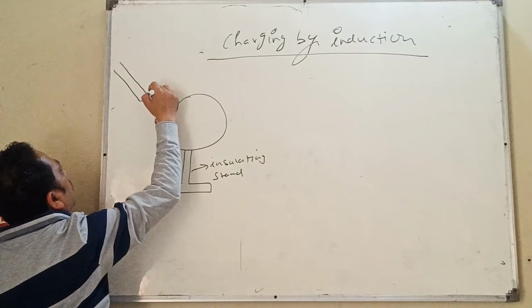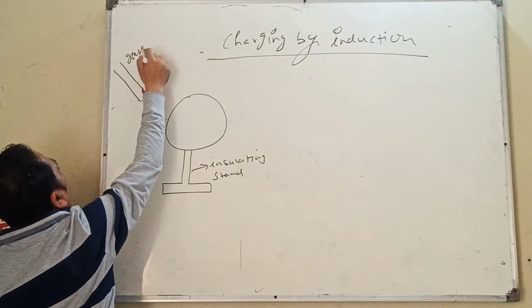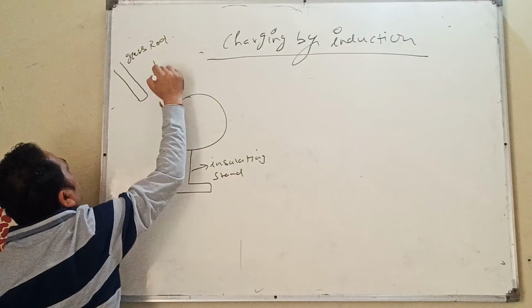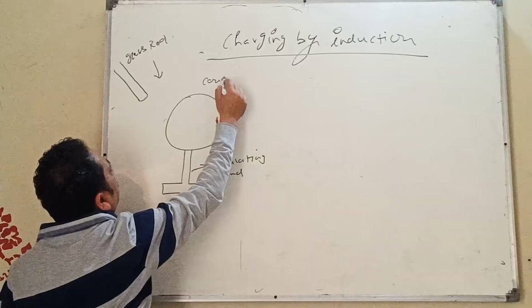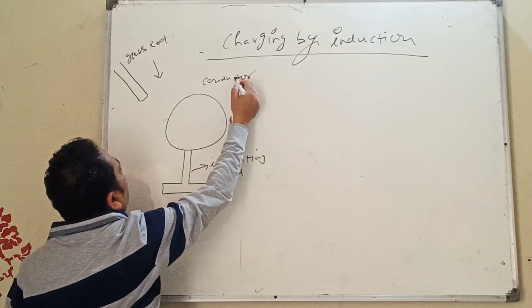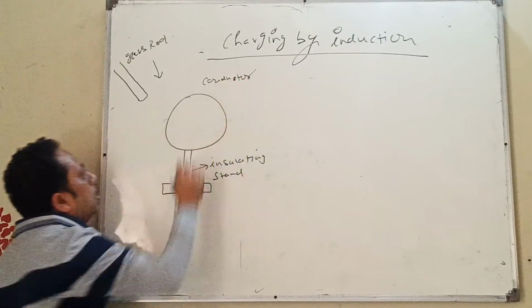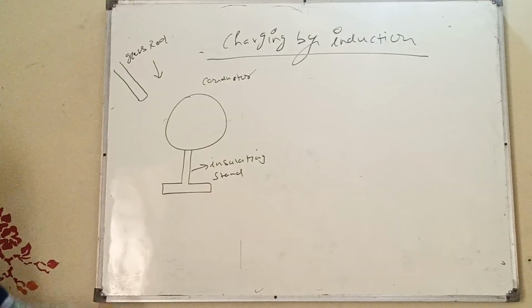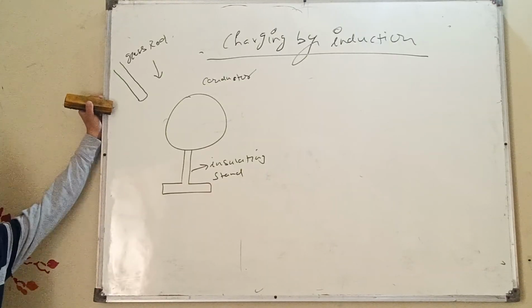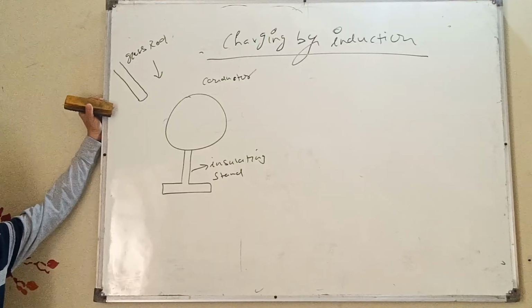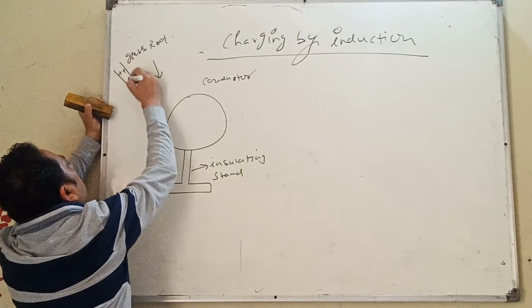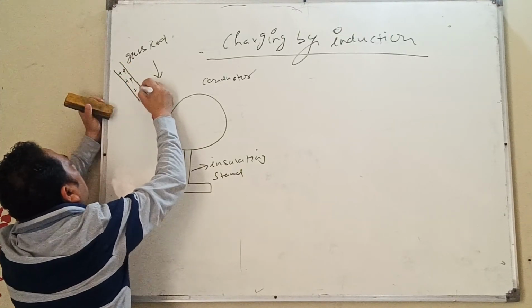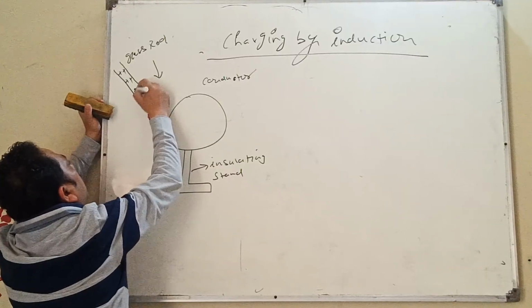This is the glass rod. It is being brought near the uncharged conductor. This is a glass rod which is rubbed against silk. Now you are aware that when a glass rod is rubbed against silk, it will be positively charged.